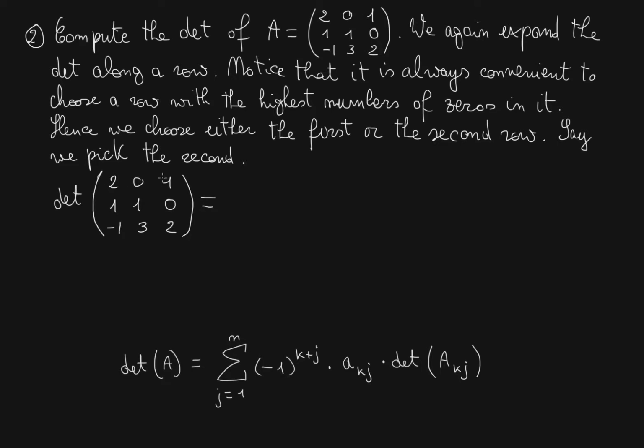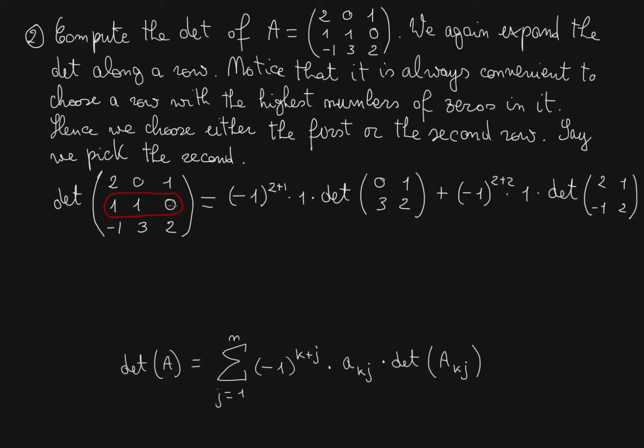The determinant of this matrix is going to be equal to, let's expand along the second row as we said. So we have 3 coefficients, we actually reduce to 2, just 1 and then 1 again, because the last one is going to be 0, so that summand is automatically 0. The first summand is relative to the first coefficient 1. We have -1 raised to a power that is the sum of the 2 indices of the coefficient 1.